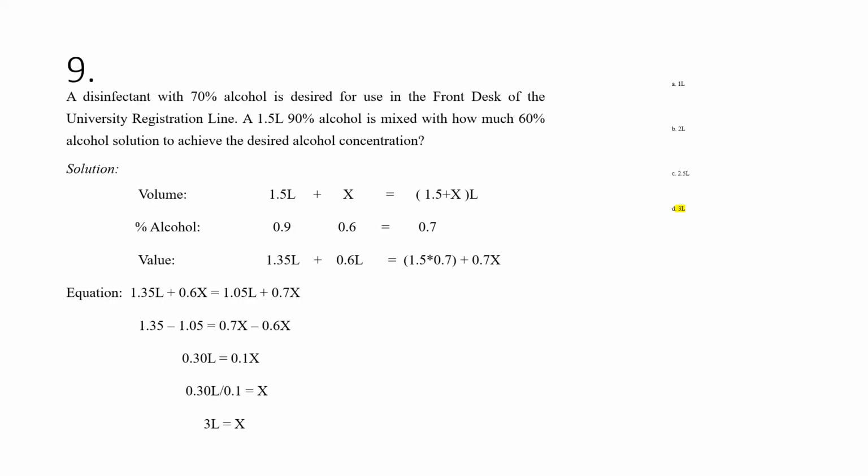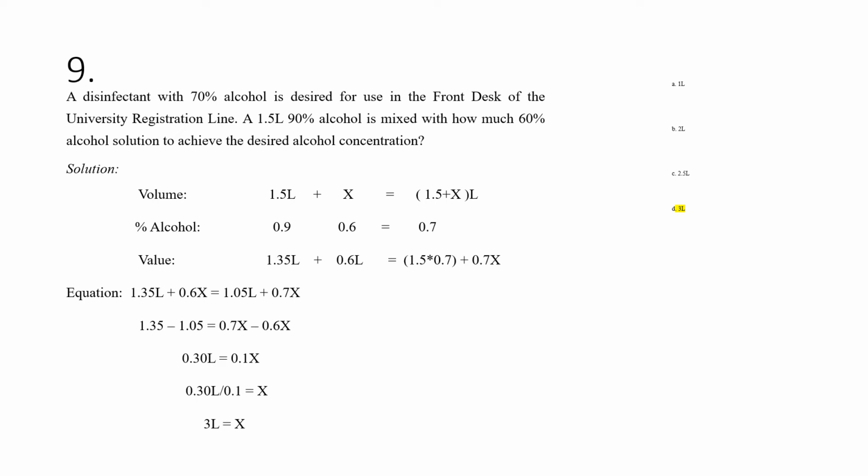For number 9, we are given that we're going to have a disinfectant alcohol at 70%, which will have to be mixed from 1.5 liters of 90% alcohol and a 60% alcohol solution. So mapping it out the same way as we did number 8.